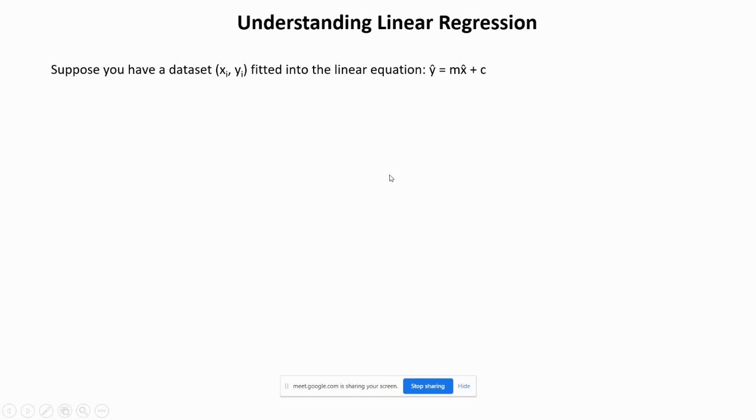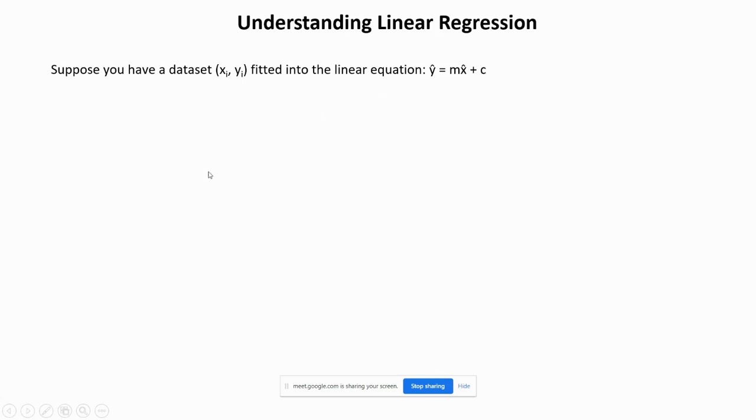So how many dimensions will you have in your graph? Two dimensions, right? So if you have two-dimensional data, you have an independent variable set and the corresponding dependent variable set. That is x1, y1, x2, y2, x3, y3, and so on and so forth.